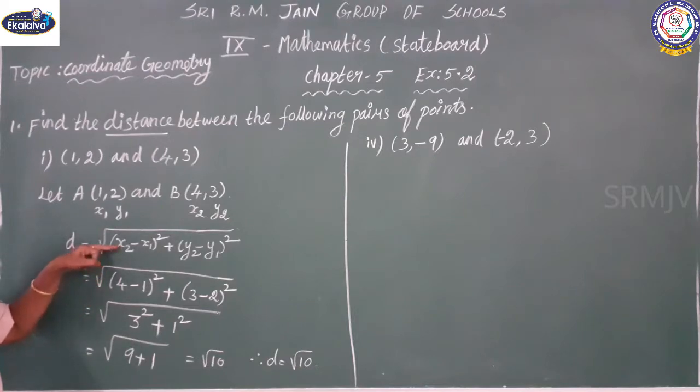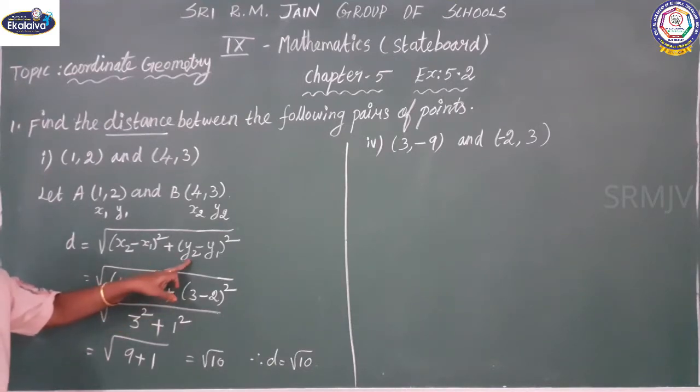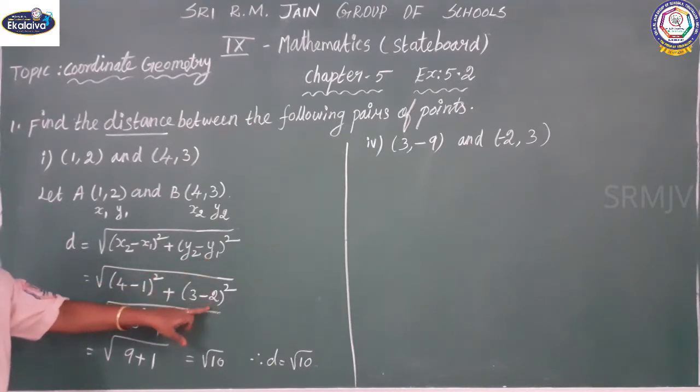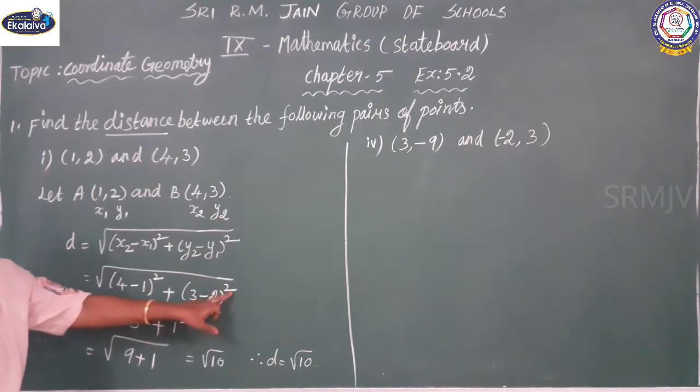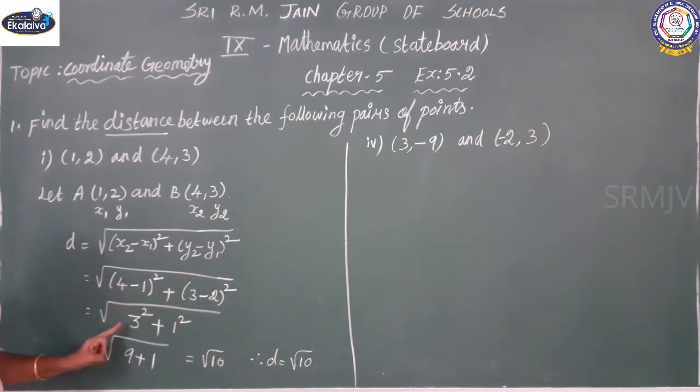Substitute the values here. x2 value 4 minus x1 value 1 the whole square plus y2 value 3, y1 value 2. So 3 minus 2 the whole square. When we subtract this, what you are getting? 3 square plus 1 square. Just square it, 3 square you will get 9, 1 square 1. So 9 plus 1, 10. So root 10 is the answer.